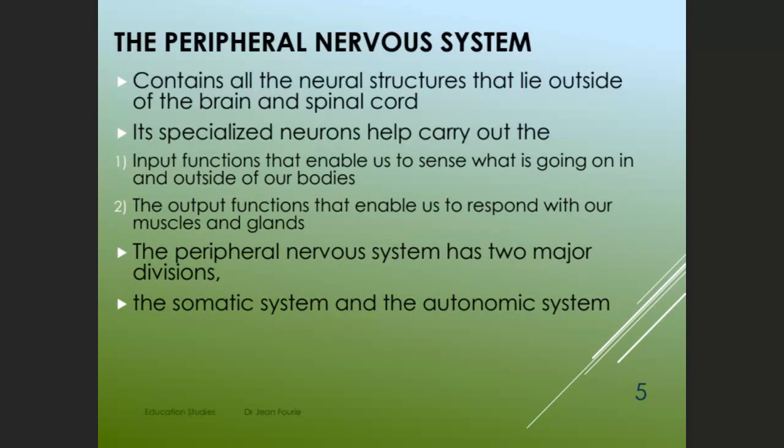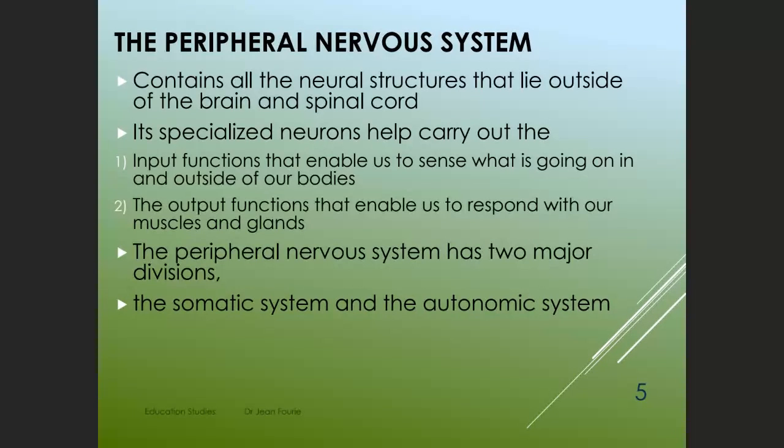And the peripheral nervous system also has all the output neurons that function in a way that enables us to respond with our muscles so that we can move, and with our glands so that our internal system can stay working.